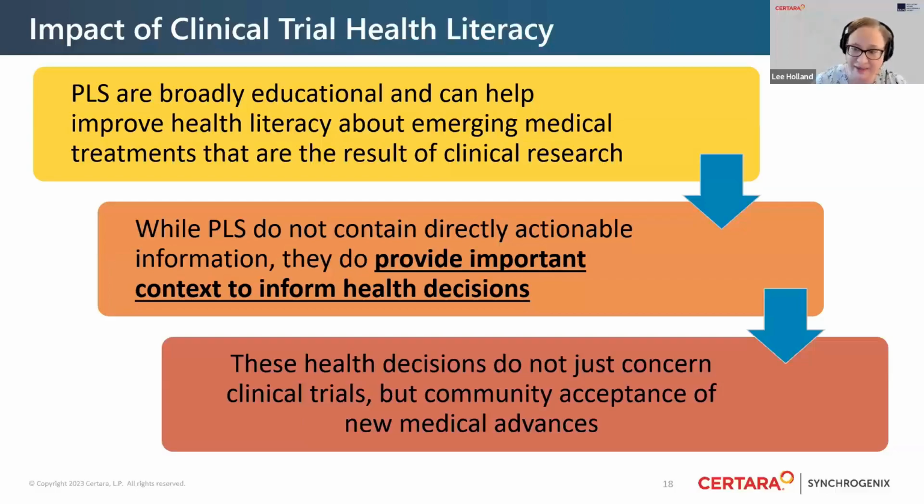Because quite frankly, we can produce the best medical treatments in the world, but they mean nothing if they're not accepted by patients. You could have a cure for cancer, but if the general public doesn't trust you and they're not willing to accept that treatment, it's not doing anybody any good.